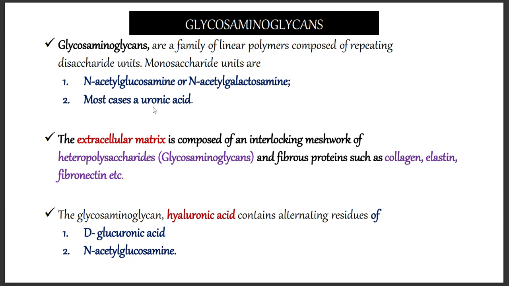Remember we said the other component is what? Uronic acid. An example of uronic acid is glucuronic acid, if we oxidize glucose at carbon number 6. We always use the D form, not the L form. That's why you can see the D-glucuronic acid.